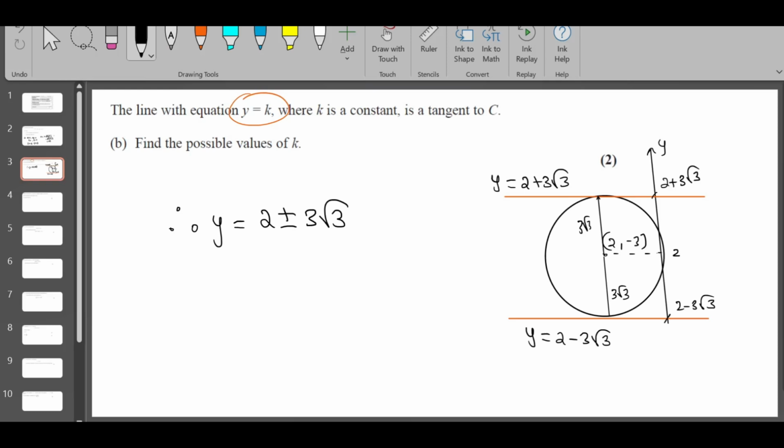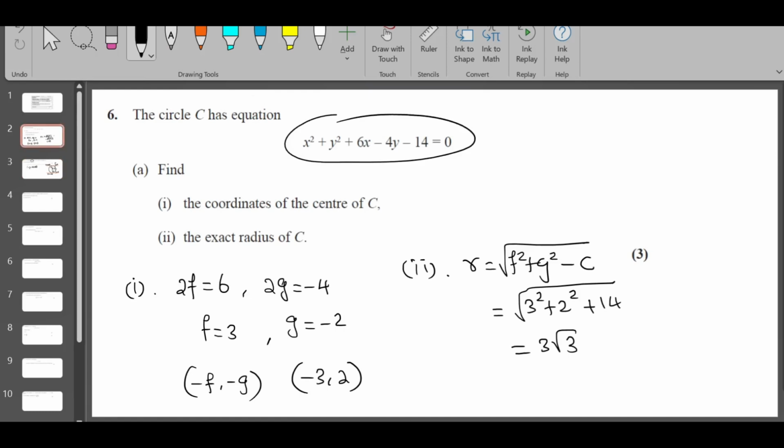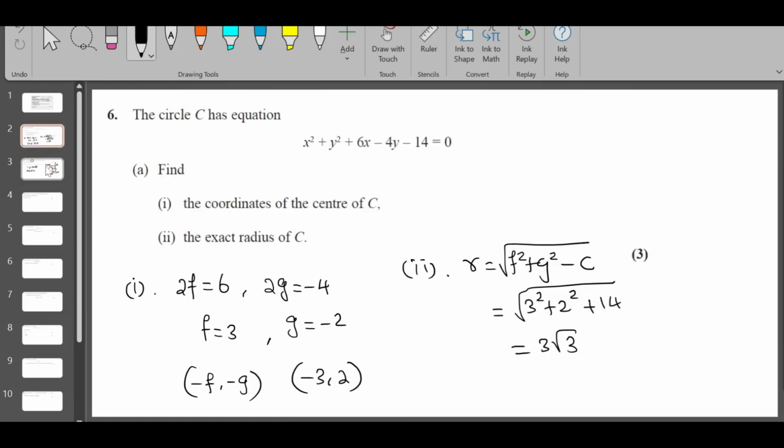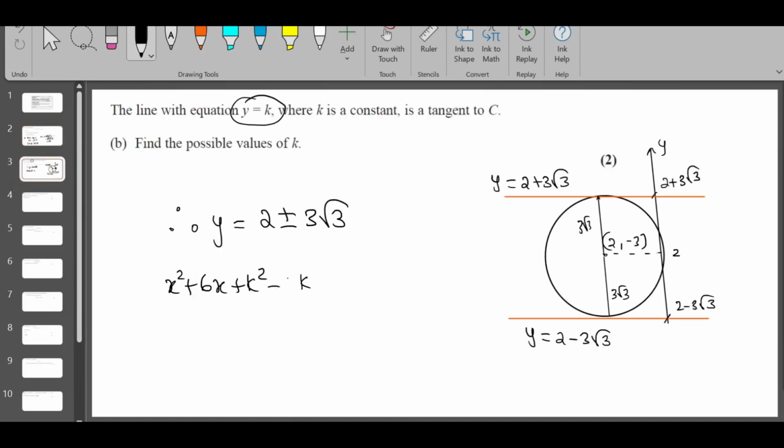Just a 2-mark question. Now there is one more way you can find this value. Since this is tangent to the circle, substitute this into the equation of the circle. Replace y by k. You are going to get x squared plus bx plus c, where a is the coefficient of x squared, b is the coefficient of x, and c is the constant term, which is k squared minus 4k minus 14.